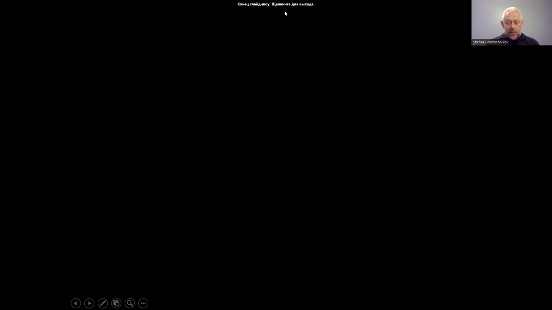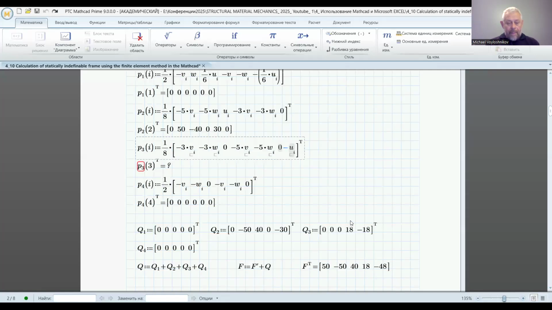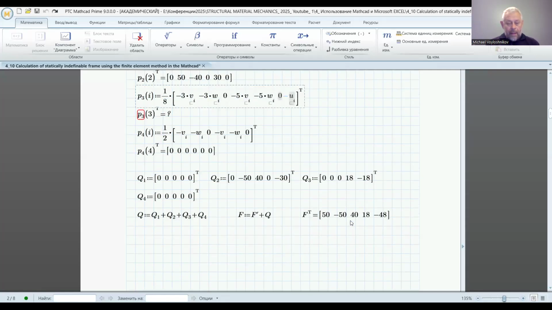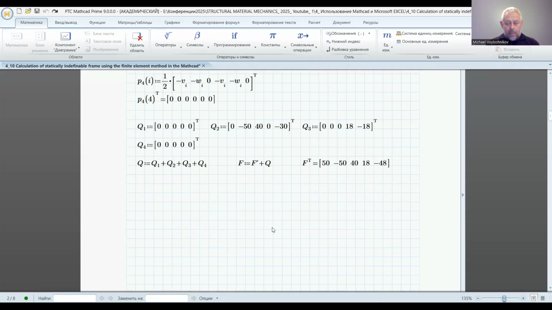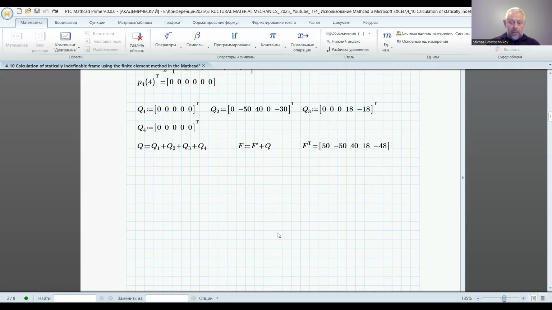Let me go again to Mathcad. This is finding the vector of the concentrated loads applied to the nodes of the mechanical system, to the movable nodes in the directions of the available displacement.